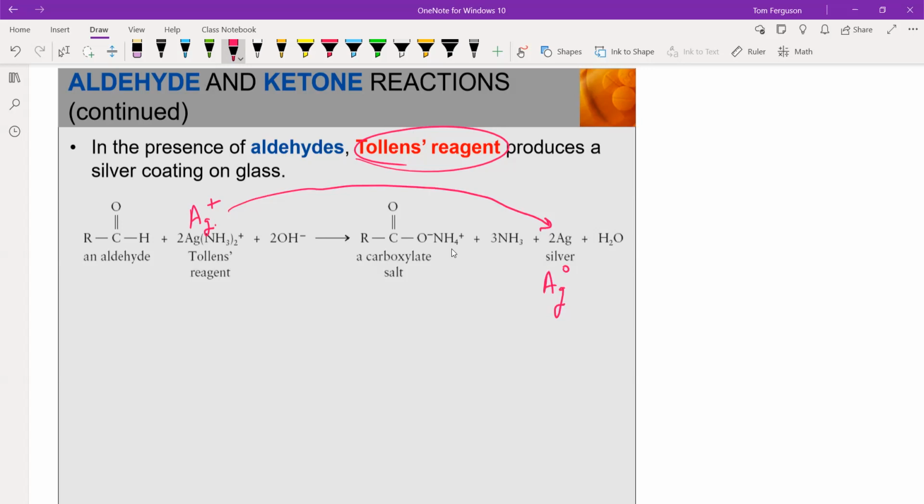It reduces the Ag plus to Ag0, which is silver metal. So that's a reduction. Remember, with oxidation reduction, oxidation cannot occur without reduction at the same time. So when the aldehyde oxidizes, it goes to the carboxylic acid, and because it's in a basic environment, it forms the salt.